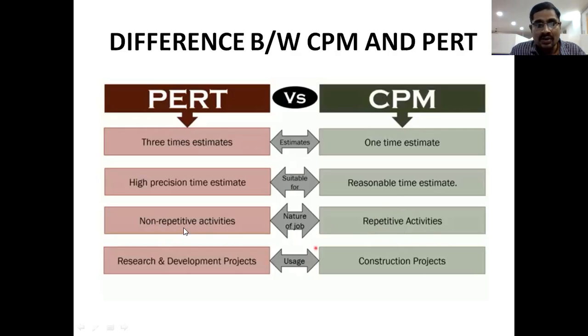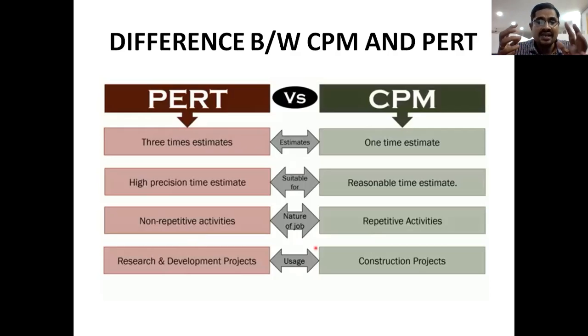But here non-repetitive activities, in particular the PERT diagram we have. So in these non-repetitive activities, the best example is constructing or developing a satellite. It is a very huge project, right? Satellite creation and development. So it is one-time planning and one-time activities, non-repetitive activities.